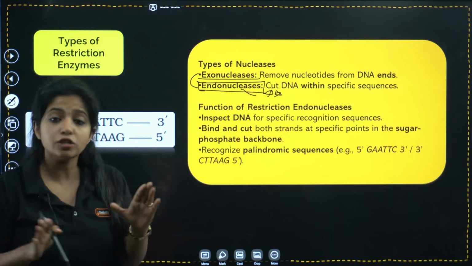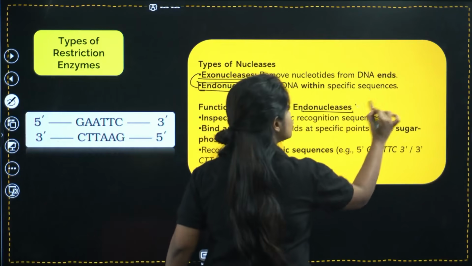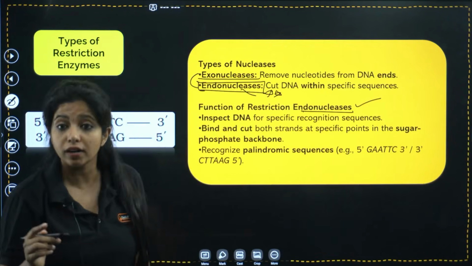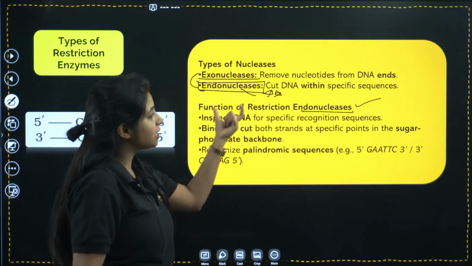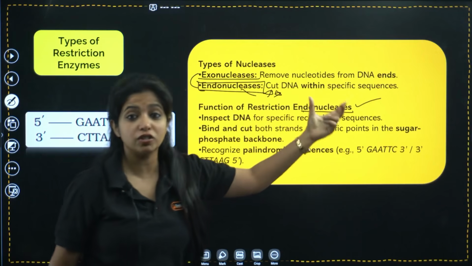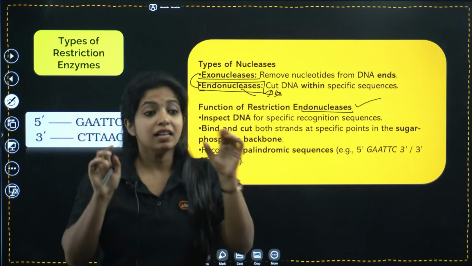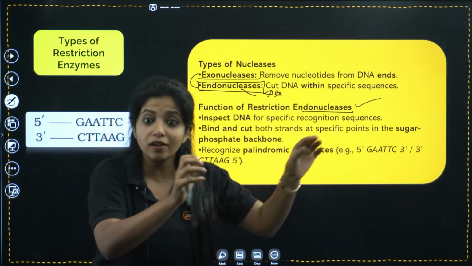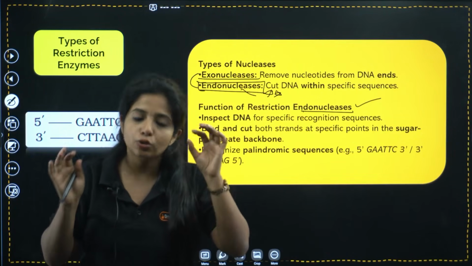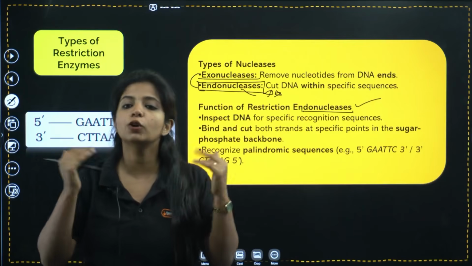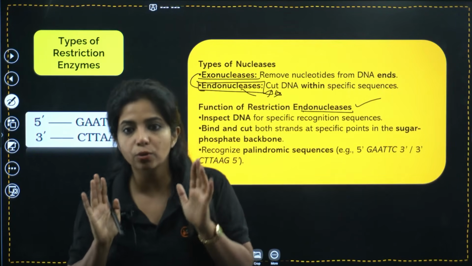And there are some functions of restriction endonucleases which you should remember. How do they work? First of all, it inspects the DNA for a specific recognition sequence. I told you, the recognition sites or restriction sites, it searches for that. All of them have a particular site, right? Similarly over here, suppose EcoR1 is the enzyme that you are using.